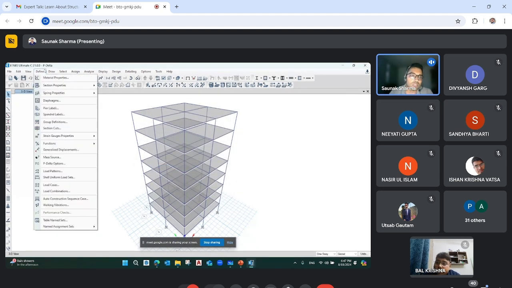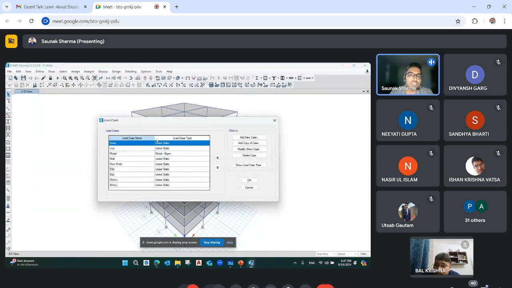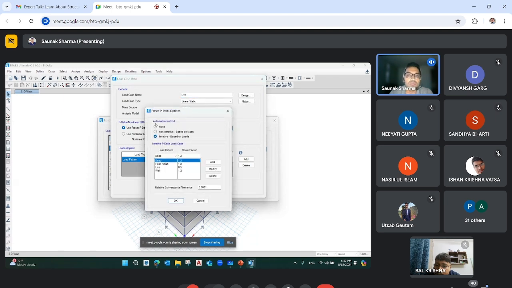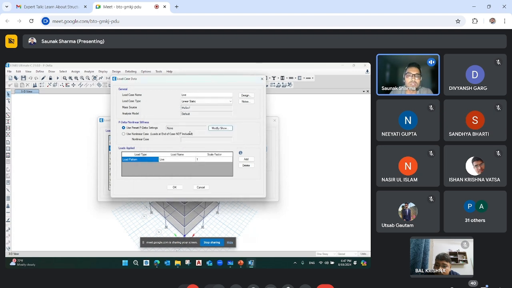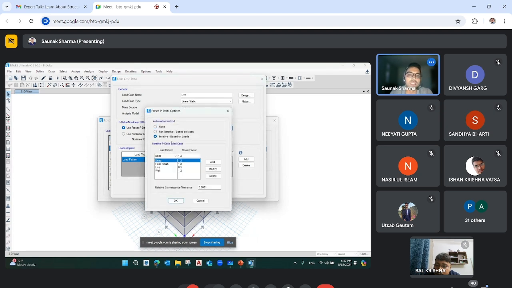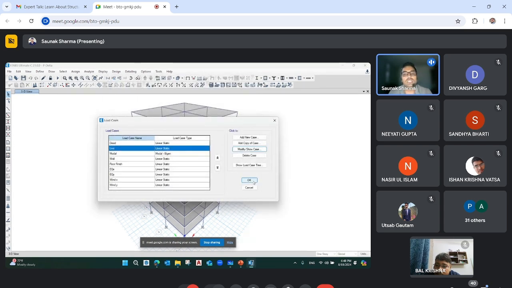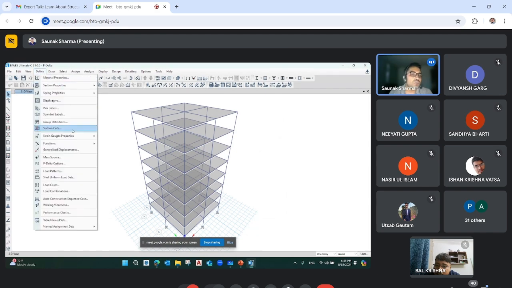After defining this, if we check the load case, in each and every load case there will be a P delta option here: P delta or nonlinear stiffness. Use P delta preset, P delta setting. It comes up here as iterative based on load. If we keep this none, it will come as none. So if we have defined P delta iterative based on load, it will consider it by itself.